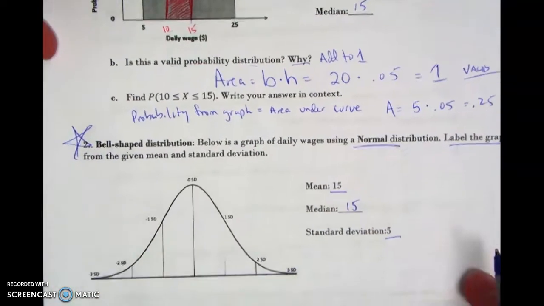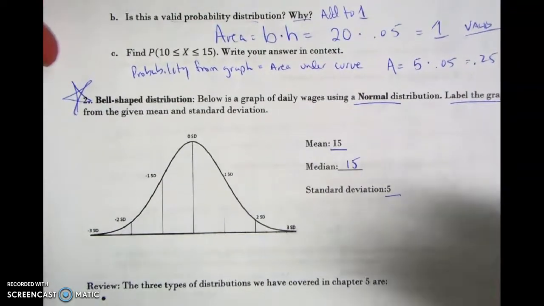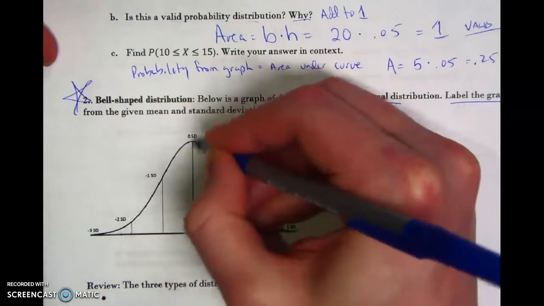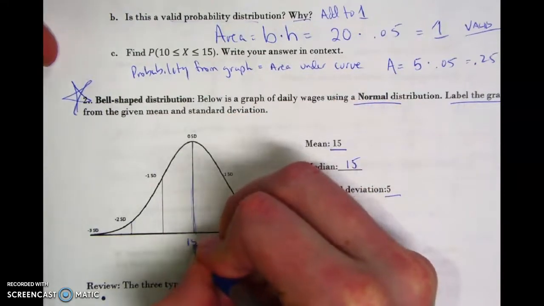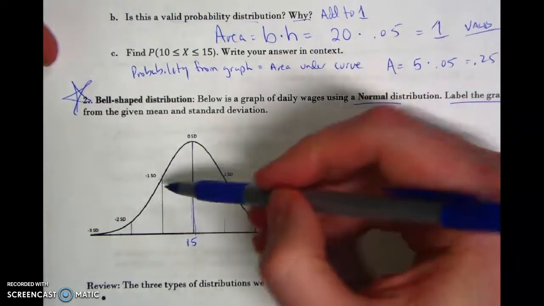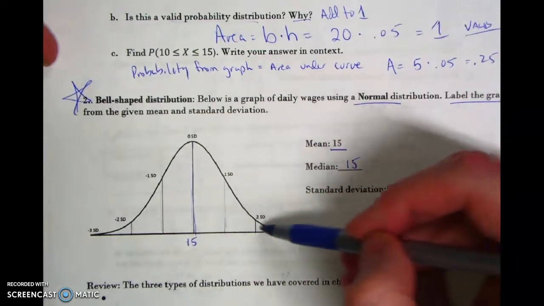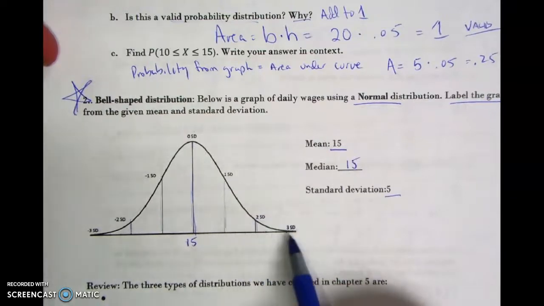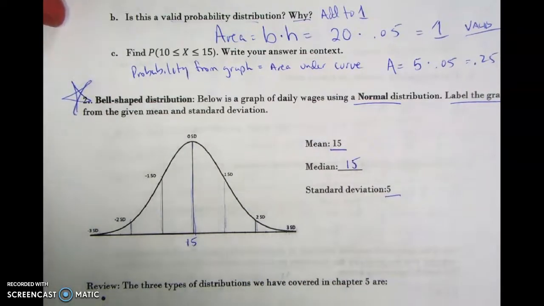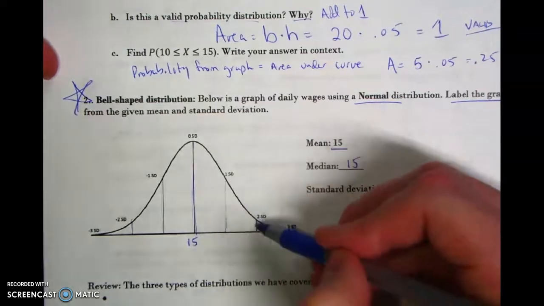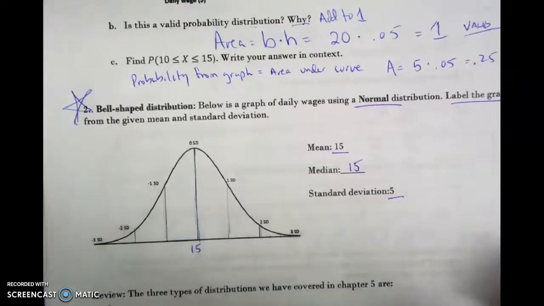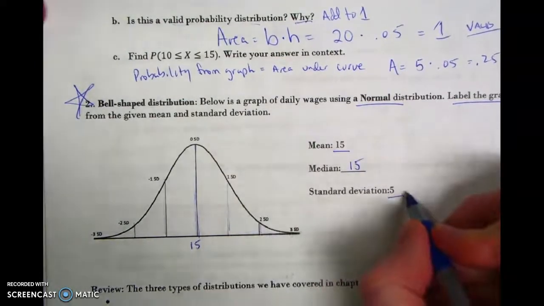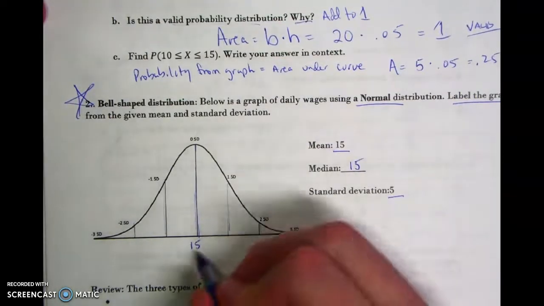This is an idea that we've talked about a little bit before: the middle of this graph here is the mean. And then these lines here that I've labeled on the graph for you, you see 1 SD, 2 SD, 3 SD. Those are the standard deviations. So every time we go out approximately this far, it's not something that you memorize, but you have an idea of about this far in the graph, that's going to be one standard deviation above the mean.